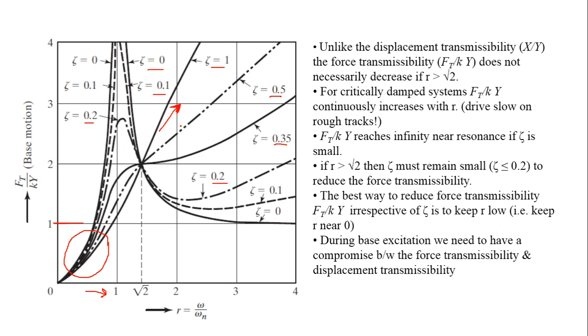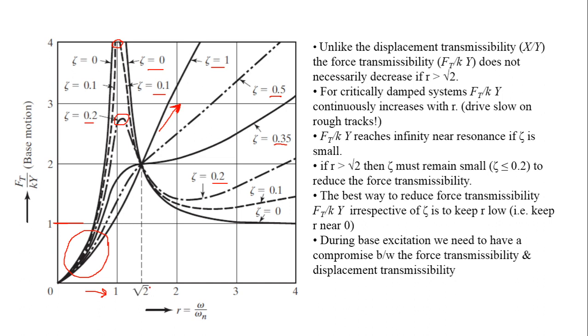But here, this critical system is not showing any peak, but it is continuously increasing. So you can again say that for underdamped systems this graph is important because it is showing some peaks, some maximum values. As you can see here, there is a peak here. If you further reduce this value of zeta, the peak value increases, and so on.